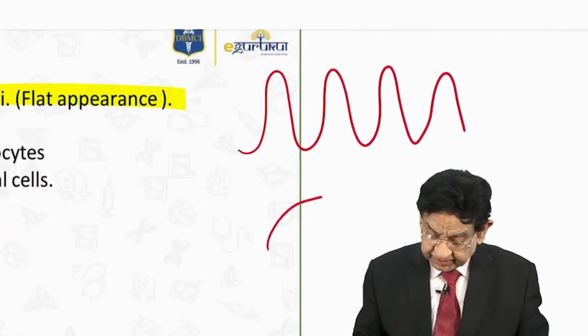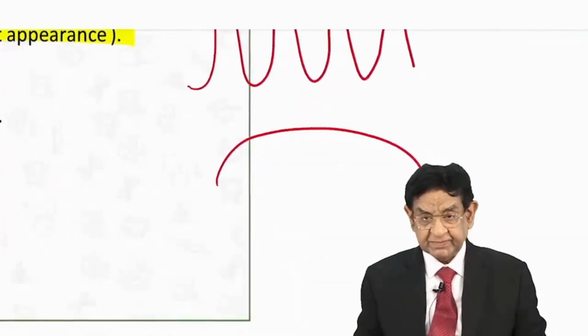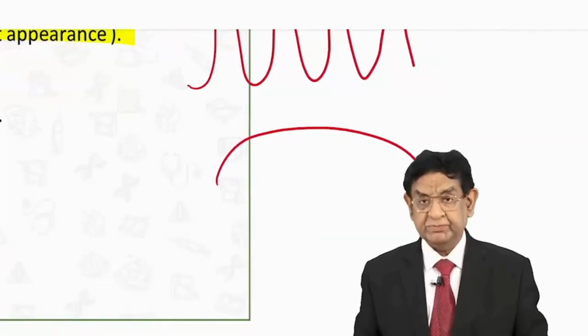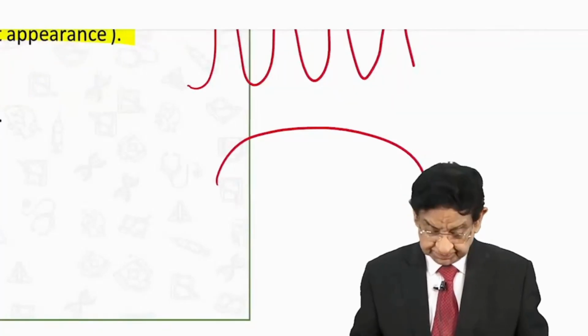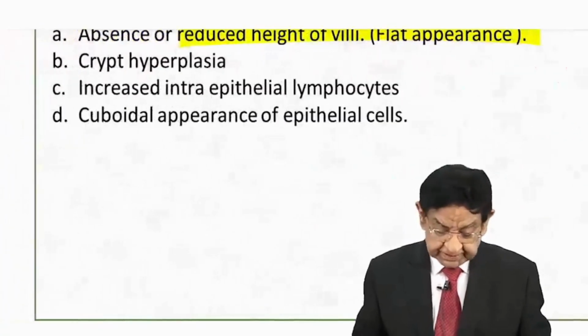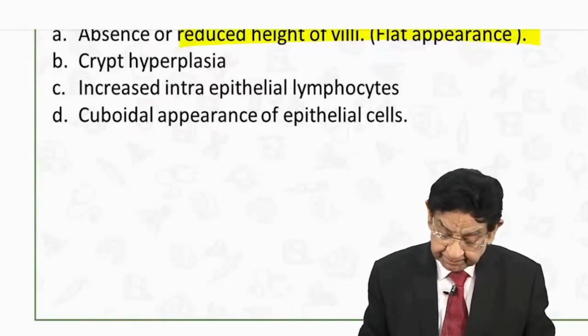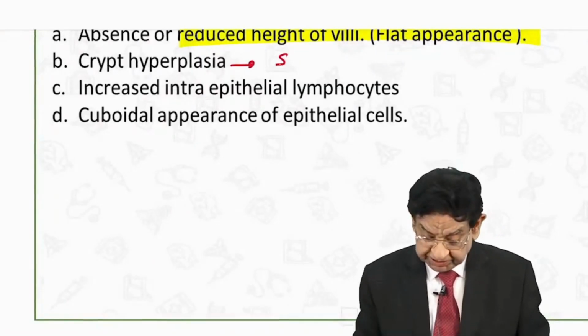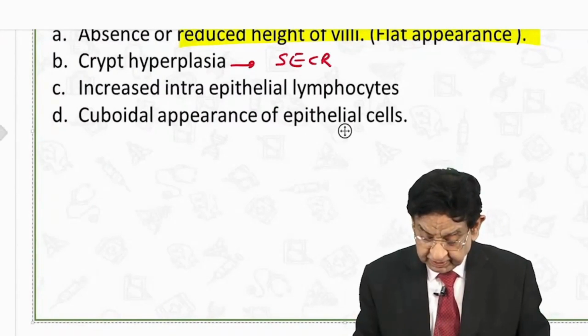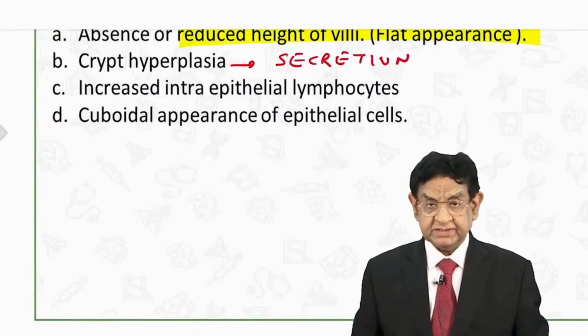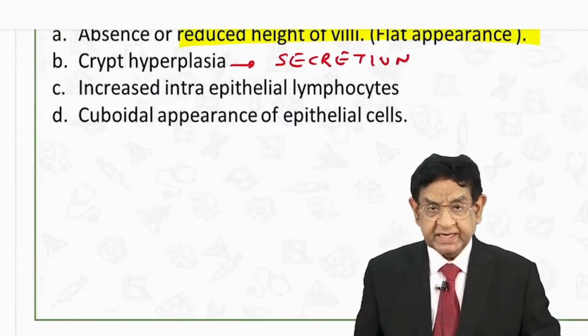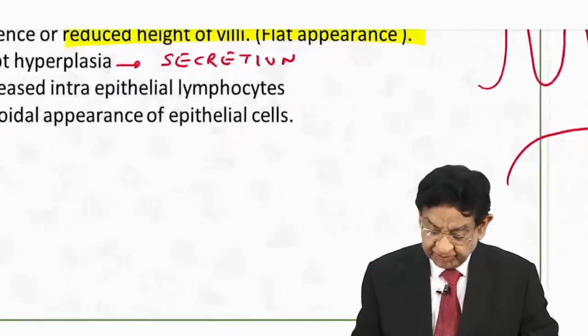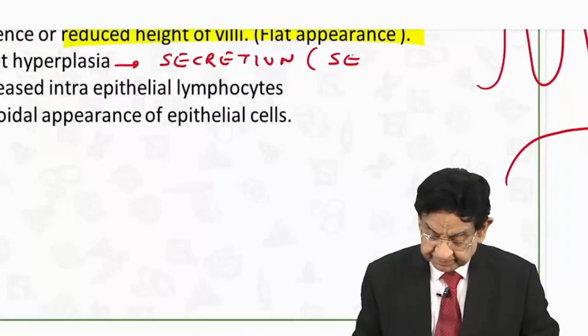Now the villi become like this, flat. So the area of absorption will be reduced. But there is crypt hyperplasia. Remember, it was this which was causing a lot of secretion of liquid into the intestine. So due to this reason we were getting secretory diarrhea.